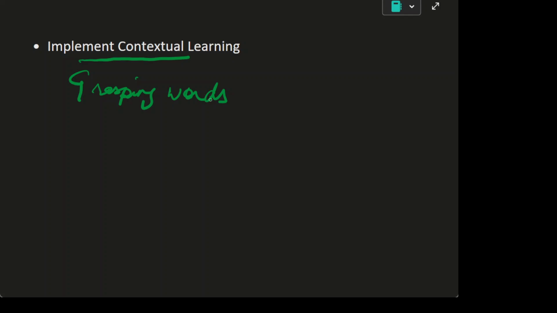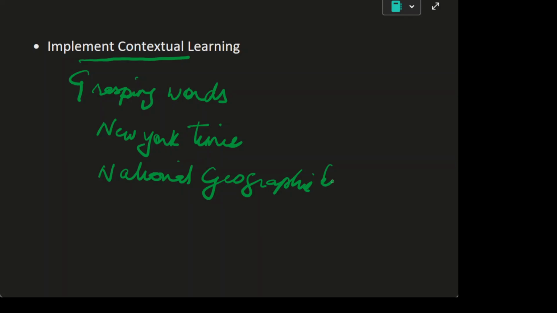Now, read passages similar to TOEFL content from sources like the New York Times, and National Geographic Channel, which will help you. And also you can always refer to some academic journals. This has a lot of words which are used in context within the sentence.